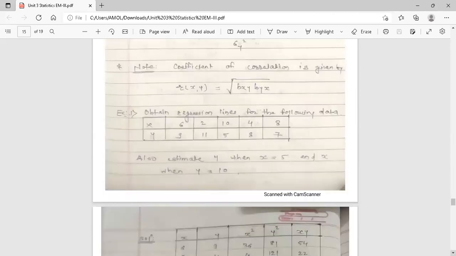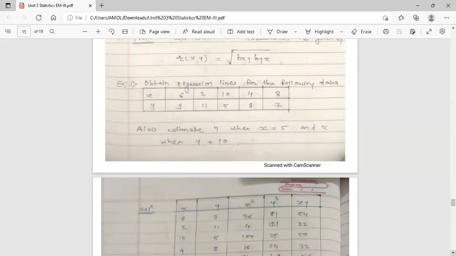The example: obtain regression lines for the following data. The observations for variables x and y are given here. Also estimate y when x is equal to 5 and estimate x when y is equal to 10.